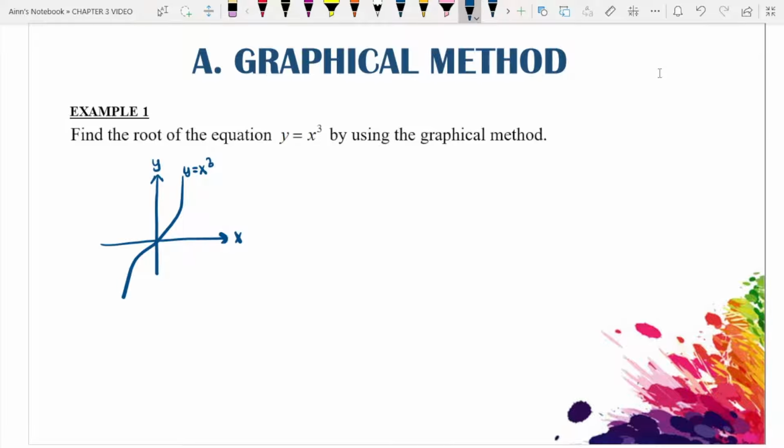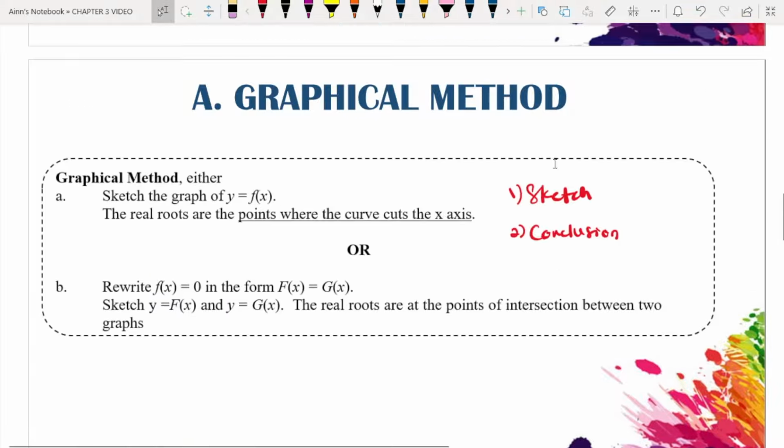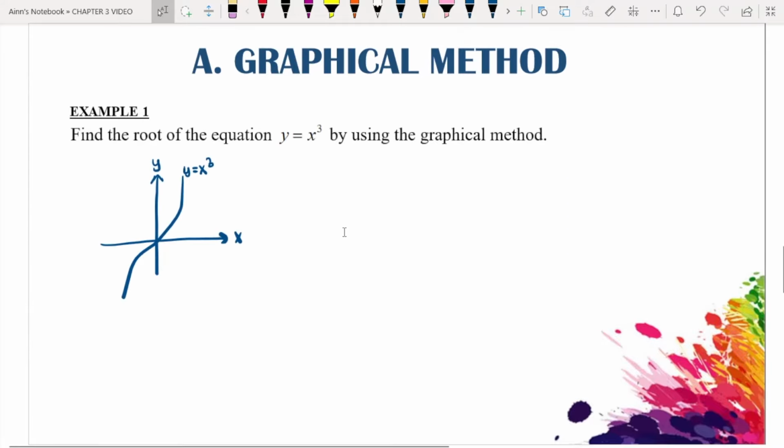We know that the real roots are the points where the curve cuts the x-axis. The curve cuts the x-axis at x equals 0. So we can write the conclusion: the root is x equals 0. That is how you determine the root of the equation.